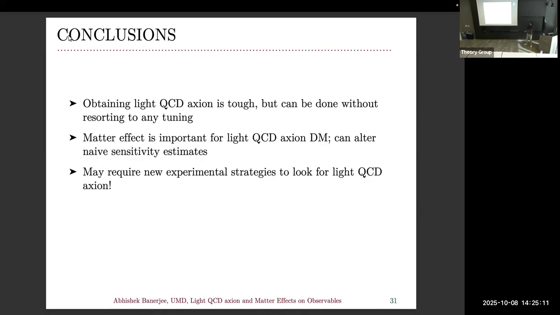I have given you 2 examples and 3 experiments to demonstrate all of these things. And maybe it's better to look for new experimental strategies if we are thinking of going down this path. I think that would be a good way to end my talk. We need something new. Thank you so much.